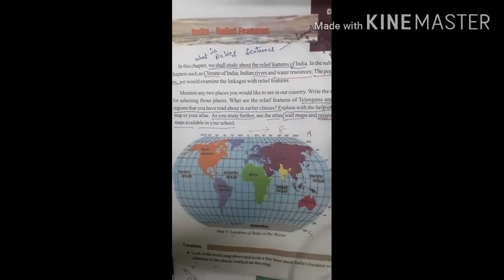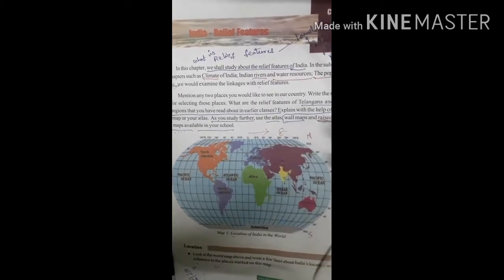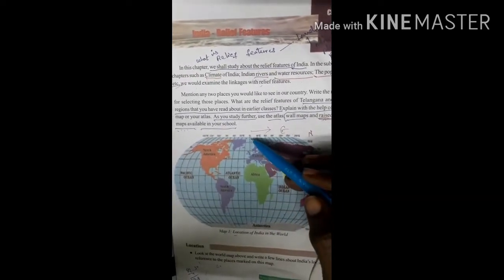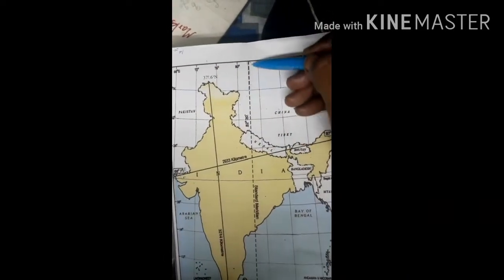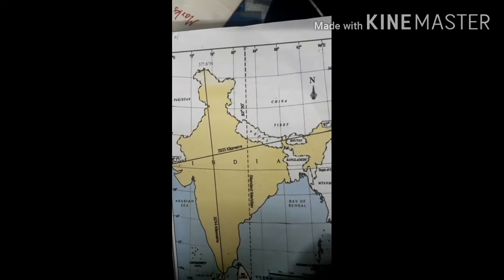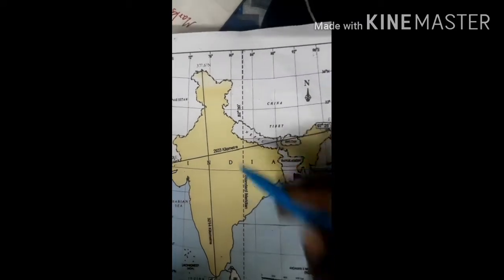Why is it called Greenwich Mean Time? Because it crosses Greenwich in London, so we call it the Greenwich Meridian. So 0 degrees is the GMT line, and 82 degrees 30 minutes is Indian Standard Time.